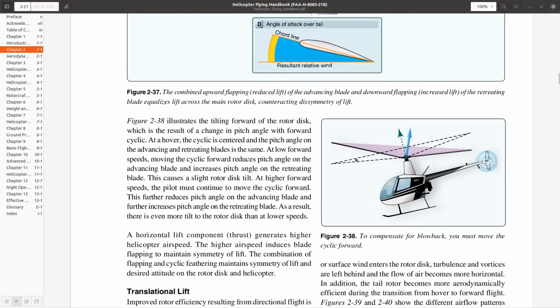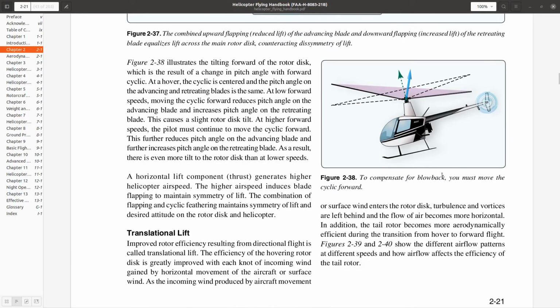So as you're starting out, you start from a hover, you push forward, the helicopter's going to try to sink. So you need to increase the power, increase the collective so that doesn't happen. And then as you speed up, you're going to get what we call blowback.